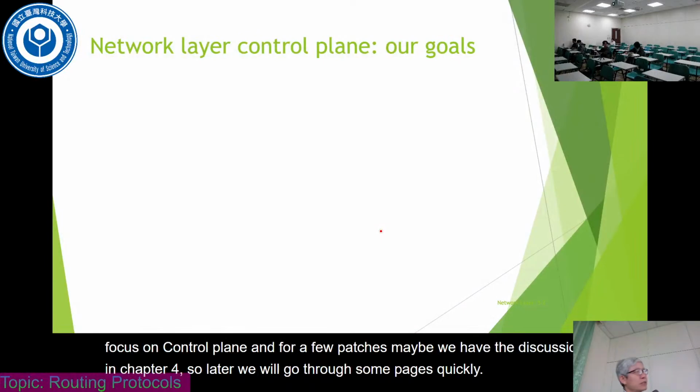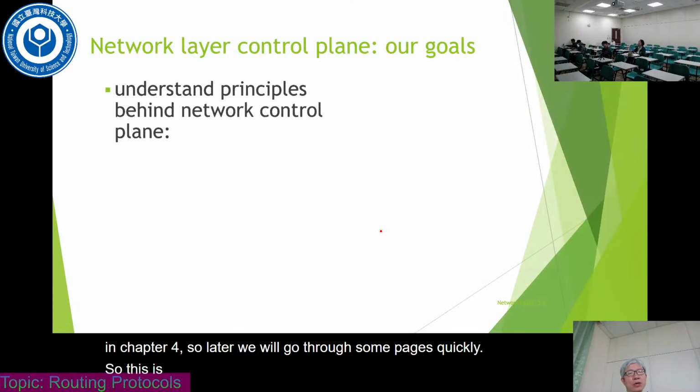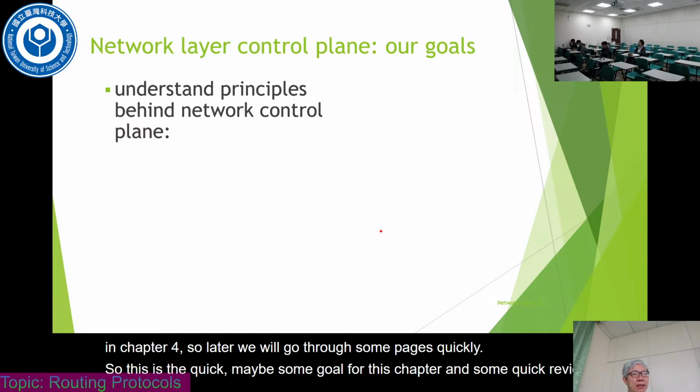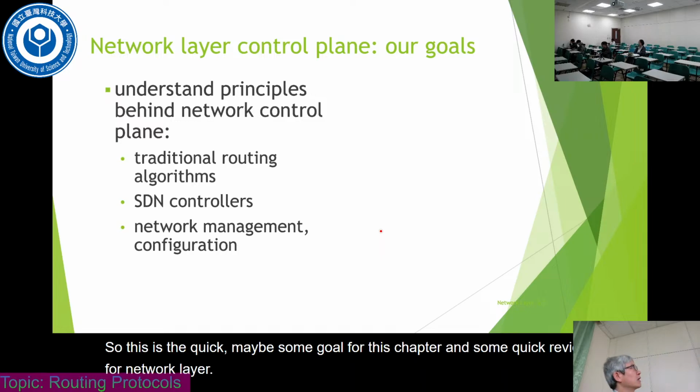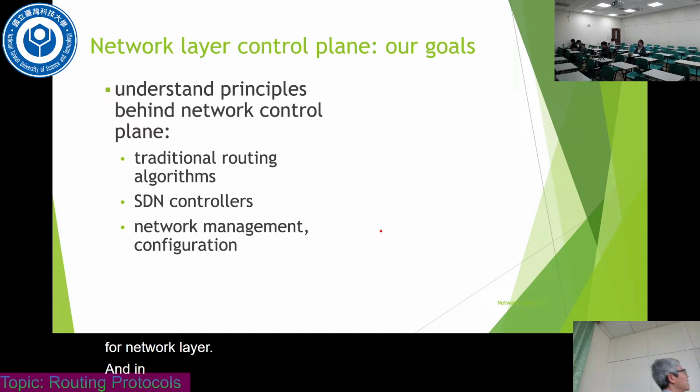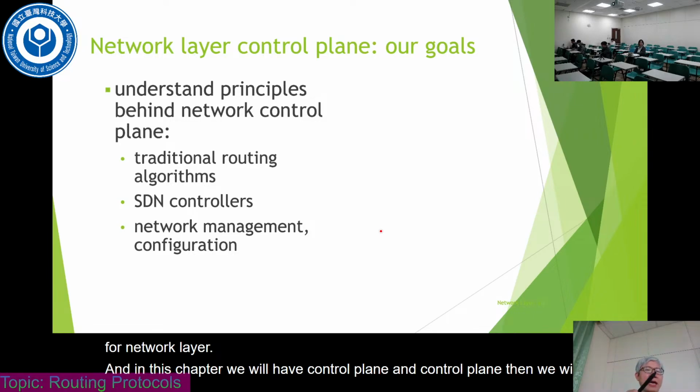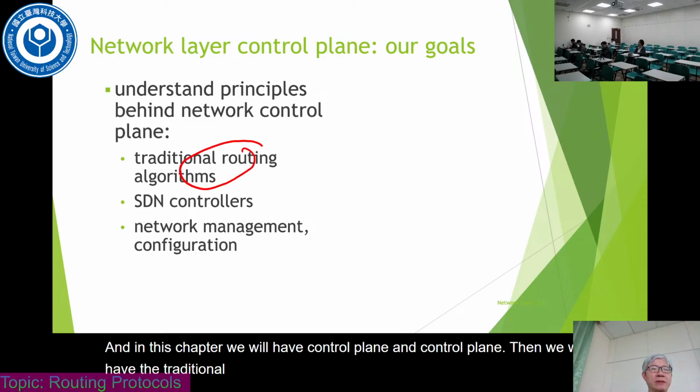So this is the quick goal for this chapter and some quick review of the network layer. In this chapter, we will have the control plane, and then we will have the traditional routing algorithms. Later, we will check these routing algorithms.